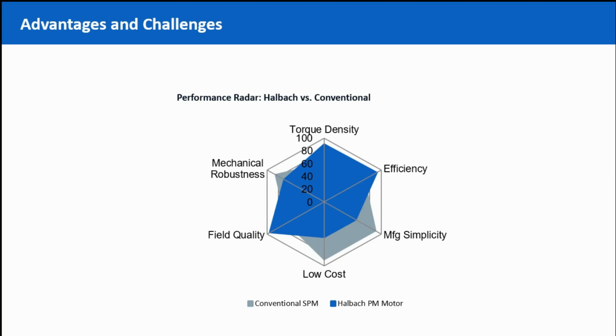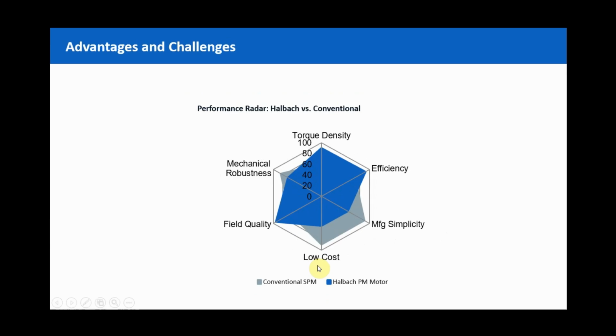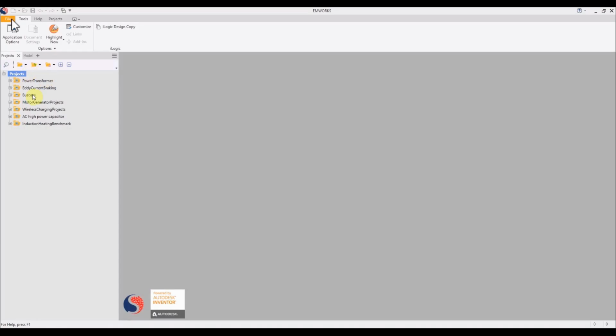Although Halbach arrays offer excellent performance, they are not always easy to manufacture. Each magnet requires a specific magnetization direction, which increases manufacturing complexity and cost. Mechanical retention at high speed can also become challenging. Now we are going to create a Halbach array of permanent magnets to see the field distribution in the air.